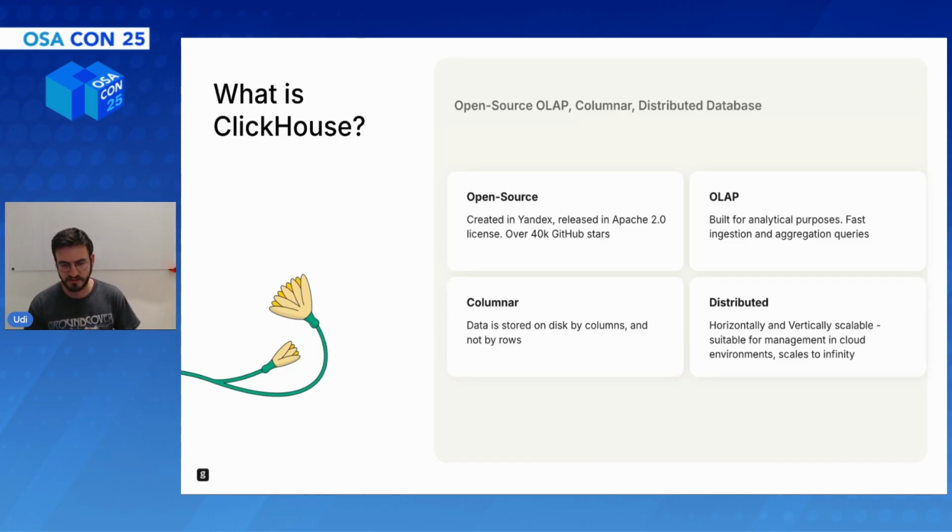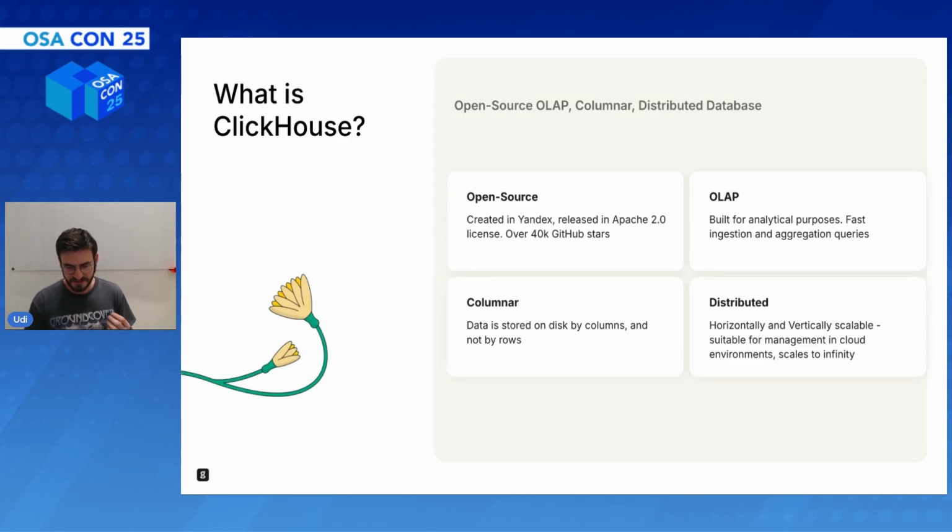OLAP means online analytical processing, and ClickHouse is built for fast ingestion and querying over large data sets, and it favors speed and scale over capabilities like transactional capabilities, which more traditional databases, which are OLTP databases, offer and focus on. And ClickHouse is columnar.